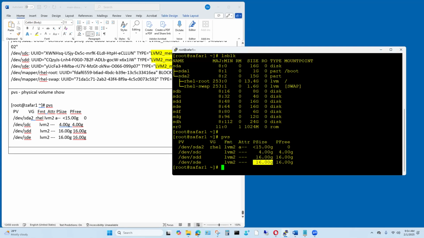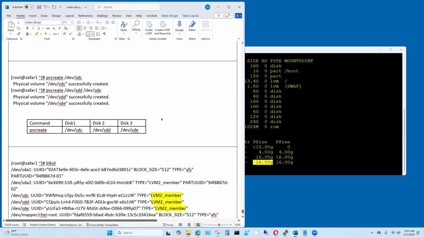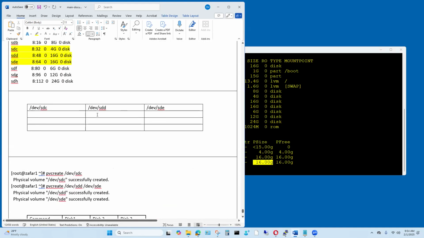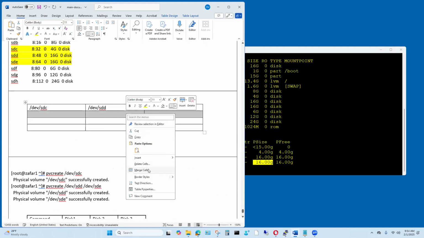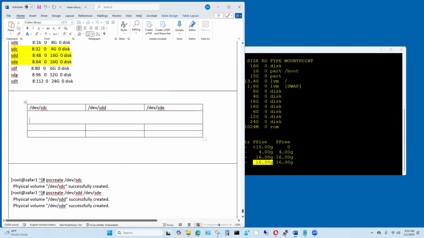Now on the diagram, we're going to combine all of this. SDC is 4 GB, and D and E are 16 GB.